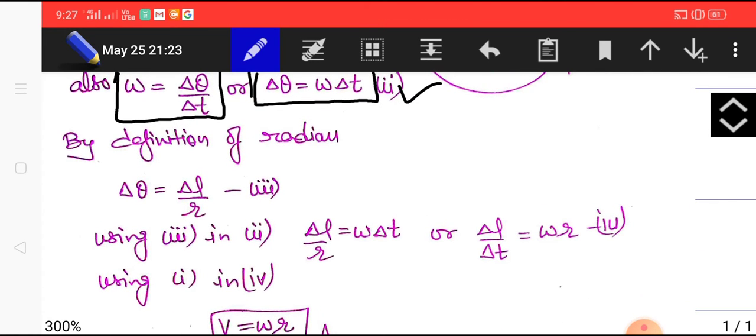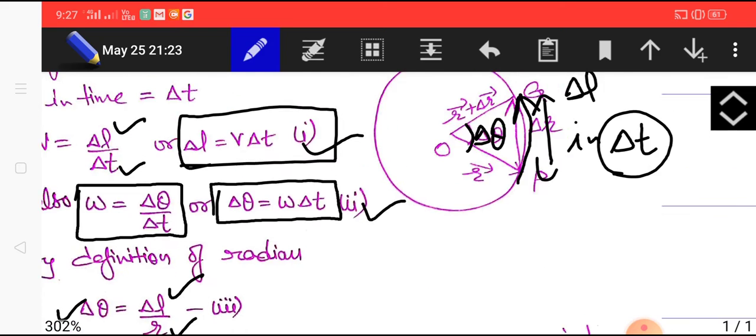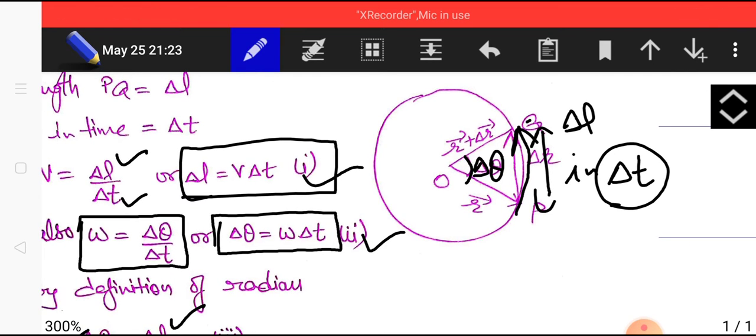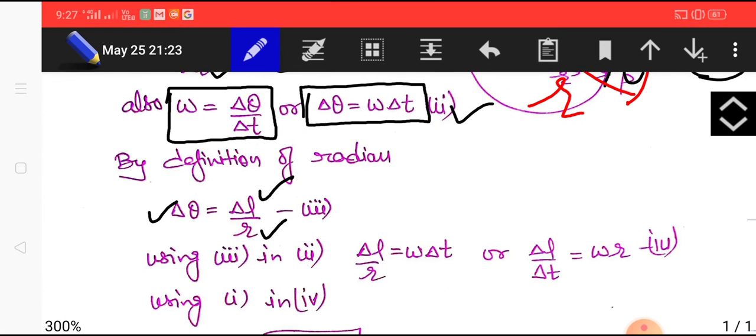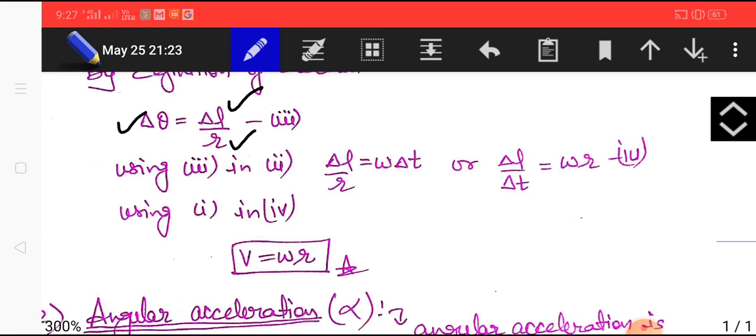Now by definition of radian we know that angle in radian is equal to arc divided by radius. So in this diagram delta L is in place of arc and r is the magnitude of radius, hence delta L by r is that angle.